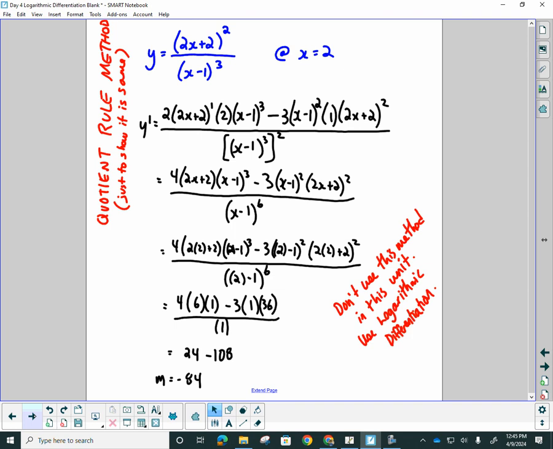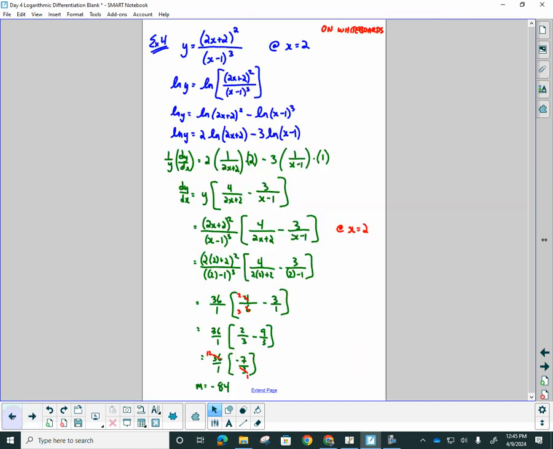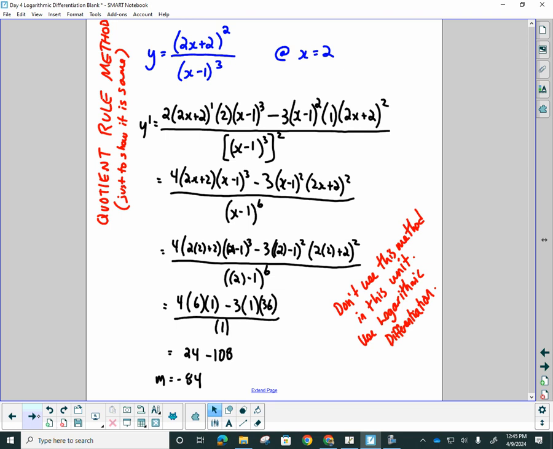But what we're practicing here is logarithmic differentiation. So I would rather you solve this using logarithmic differentiation. So use the laws of logarithms to simplify the question, then differentiate, as opposed to doing a question that we would have already done before. Okay?